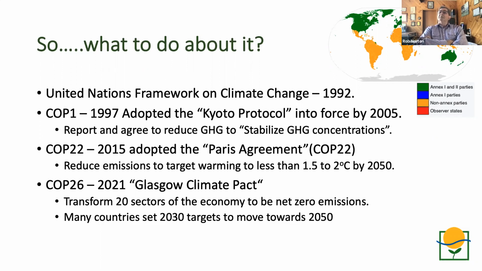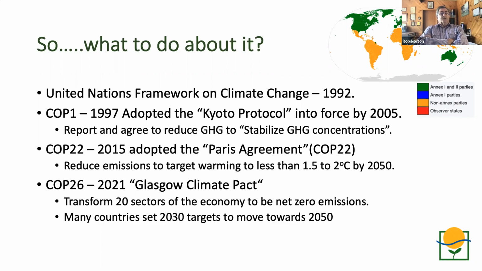Not every country is part of that Paris Agreement, particularly some of the less developed countries, but certainly we are Annex 1 parties to that agreement. So we're bound into that international agreement.